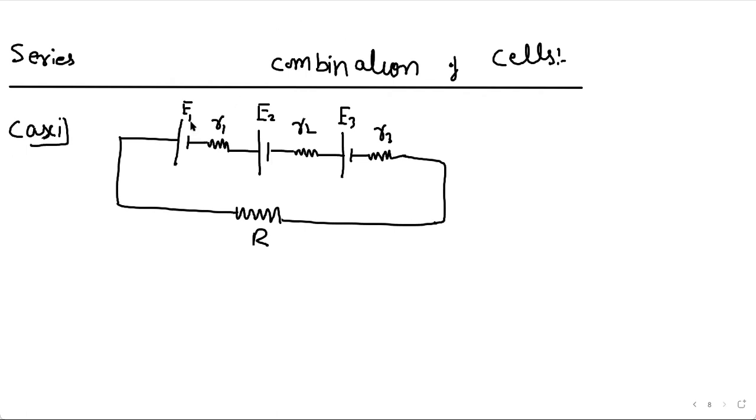Let's start with Abdullah. Abdullah, what's the direction of current due to the first cell? Right, left, where? Right. It's from the positive terminal of the cell to the negative terminal. That's right. That is due to the first cell, I1. Amalia, what is the direction of current due to the second cell?